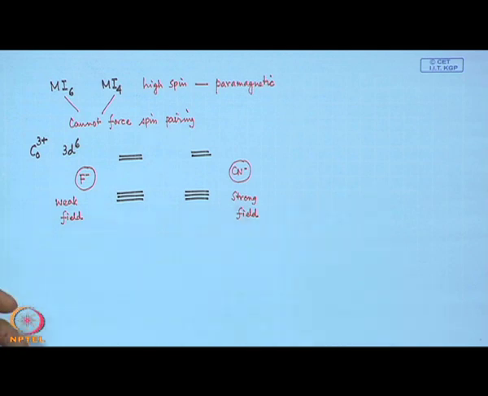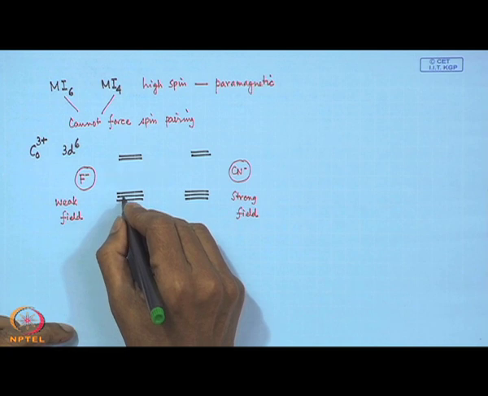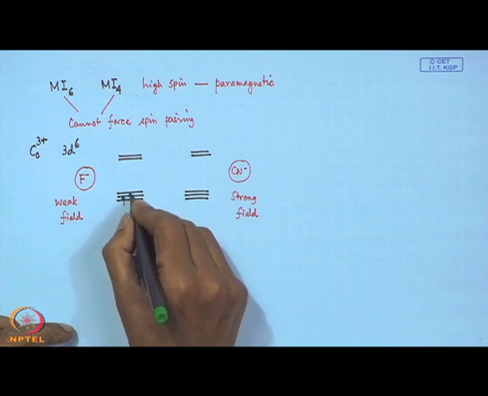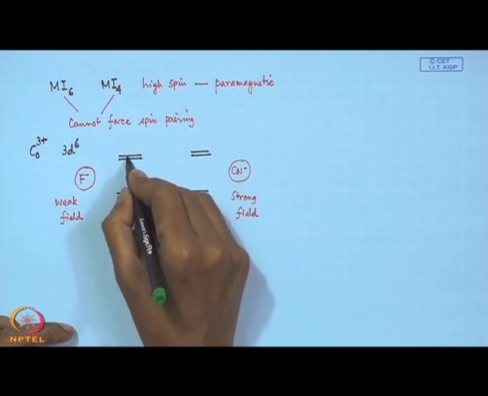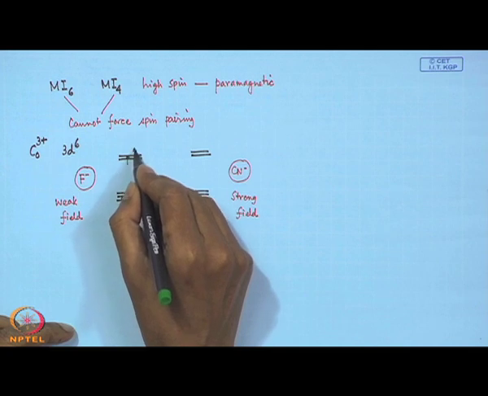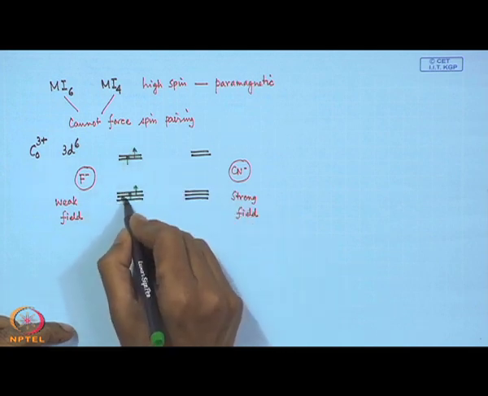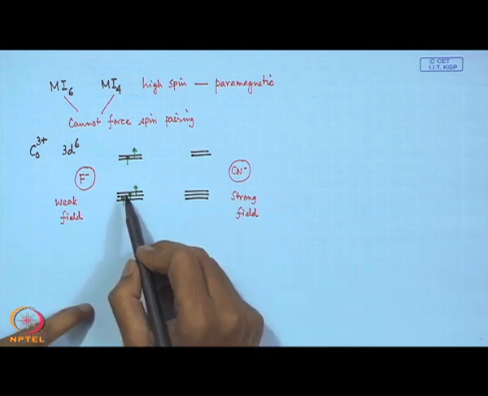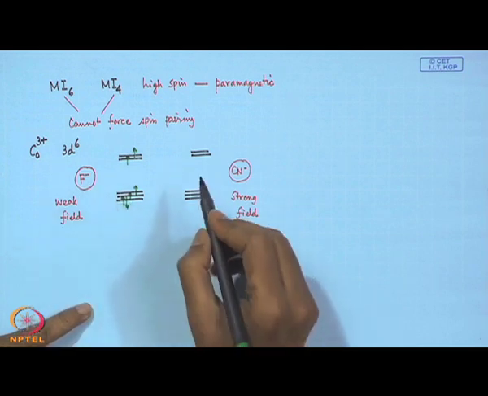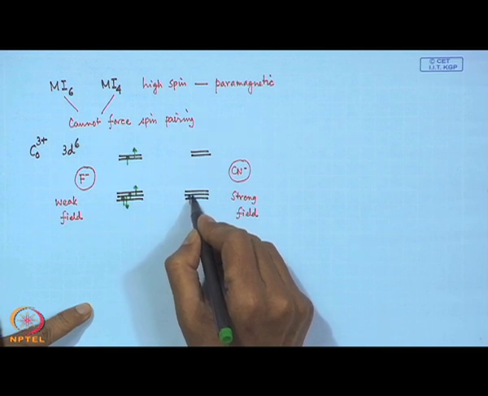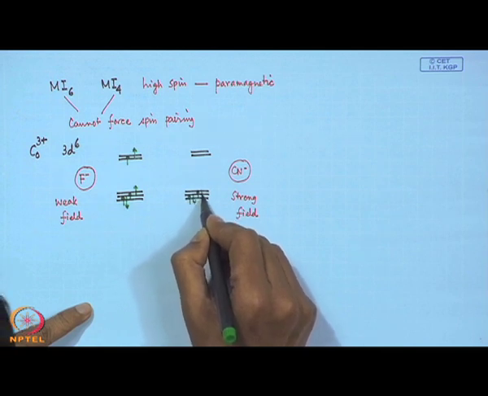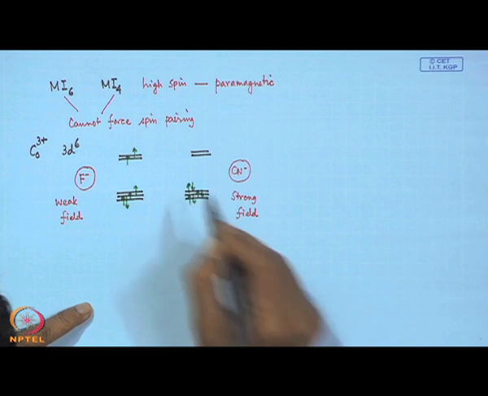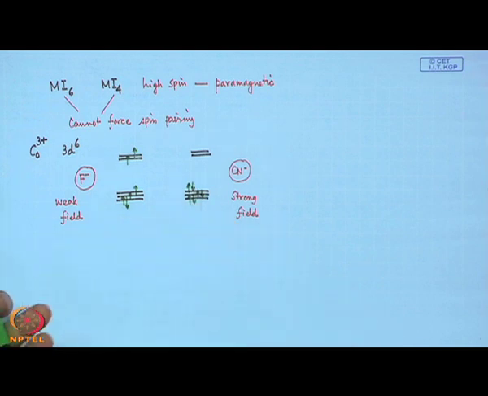So, the electron occupancy would be like this: 1, 2, 3, 4, 5 and 6 for the weak field, and for the strong field all will be paired, all in the T2G level.